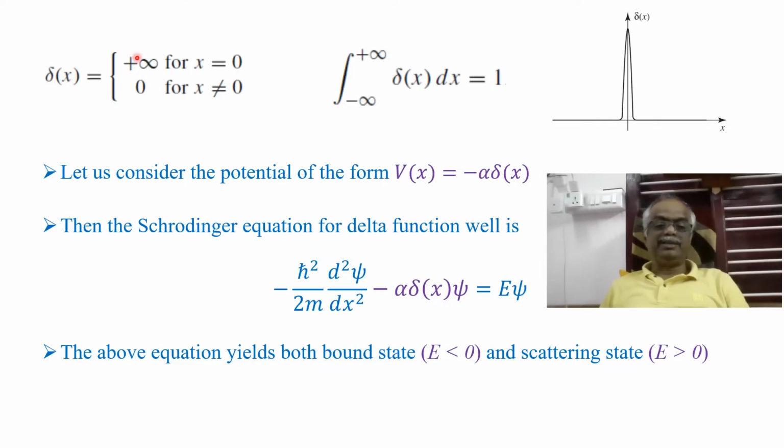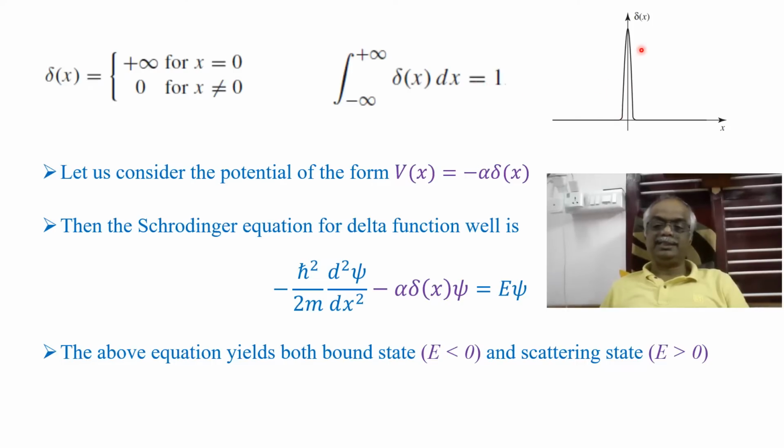Delta x by definition is equal to infinite for x equal to 0. When x equal to 0, this will be infinite. And for non-zero values, if x is not equal to 0, then it will be 0, with the condition that the integral from minus infinity to plus infinity of delta x dx is equal to 1.